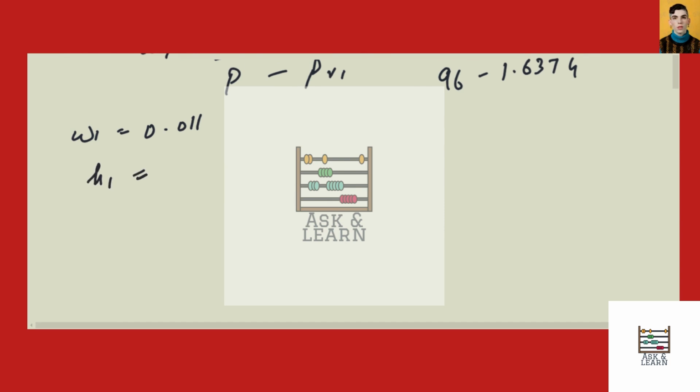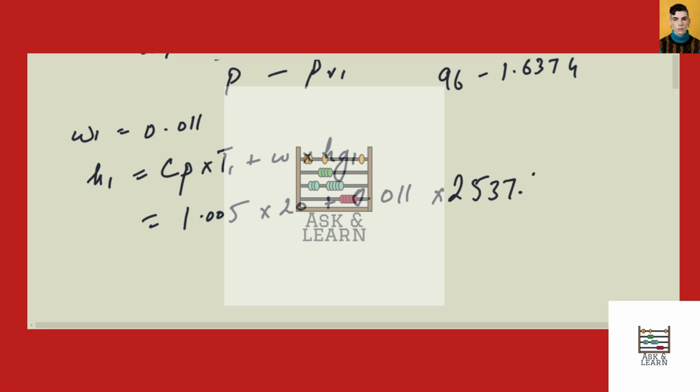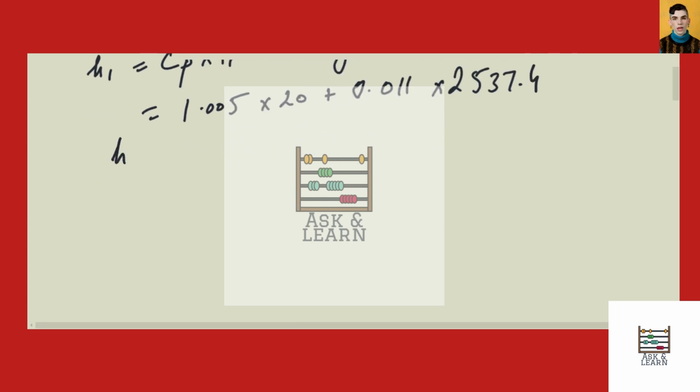So H1 = Cp × T1 + W × Hg1 = 1.005 × 20 + 0.011 × 2537.4, and H1 is equal to 48.01 kilojoules per kg.